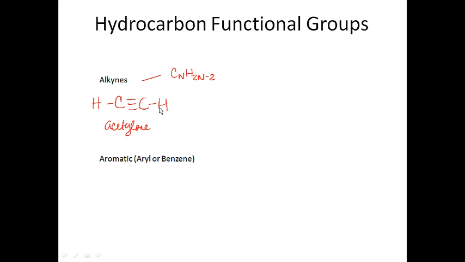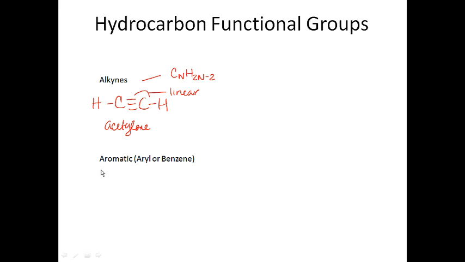And you may ask, why? What is the geometry around each of these 2 carbons? It's linear, so there are no possible 3-dimensional structures for acetylene because the hydrogen atoms are in the same line as the carbons. We'll finish the semester talking about alkynes.